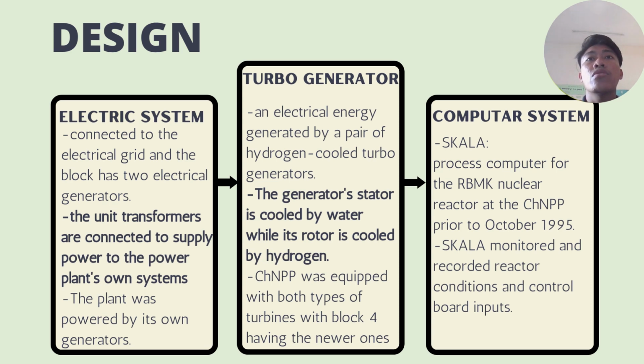The SCALA monitored and recorded the reactor conditions and controlled all the board inputs. It was wired to accept about 7,200 analog signals and 6,500 digital signals.